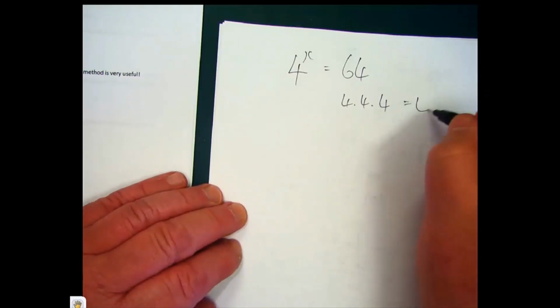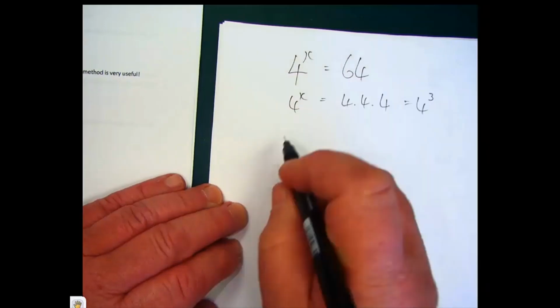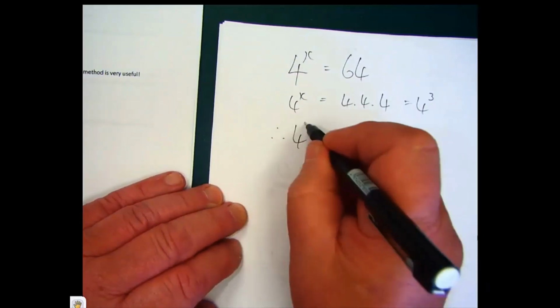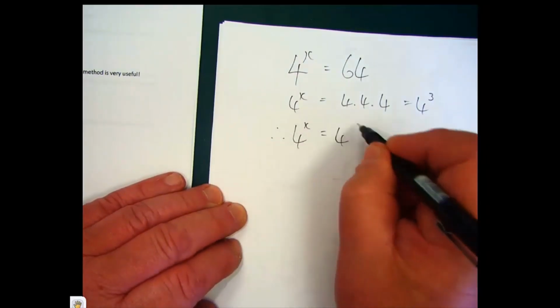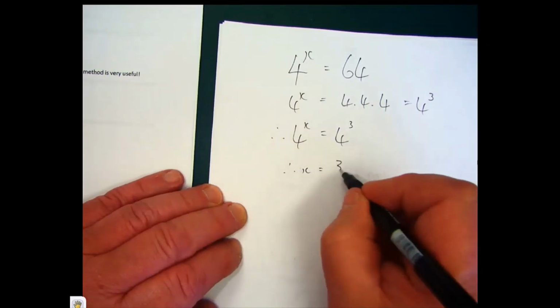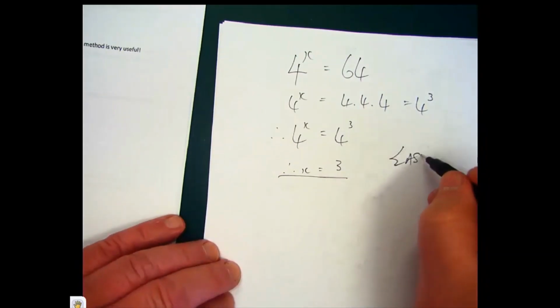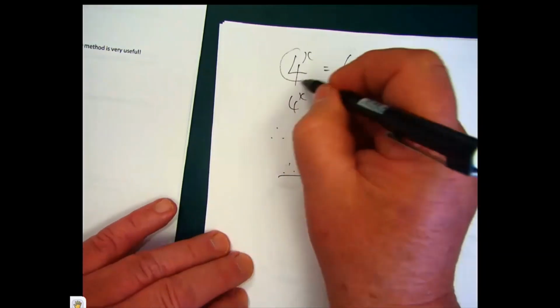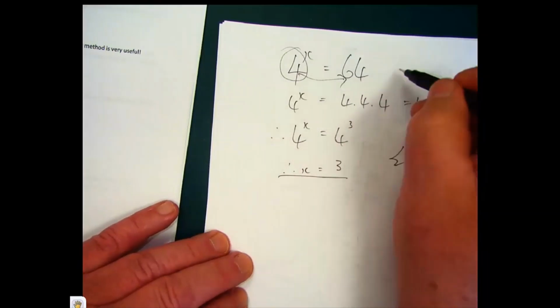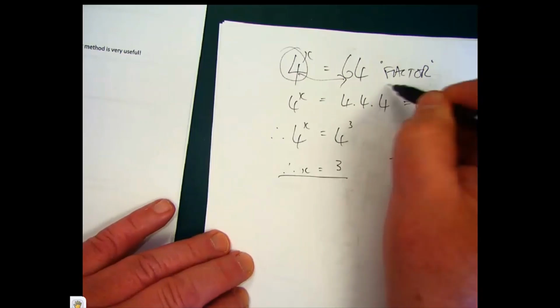Great. So I can rewrite that in that manner. So finally, I can get the very simple answer that this is true, and therefore, as it shows in your book, x is equal to 3. So we consider this to be very easy. It's easy because 4 is a factor of 64, and those of you that are good with maths will see that straight away.